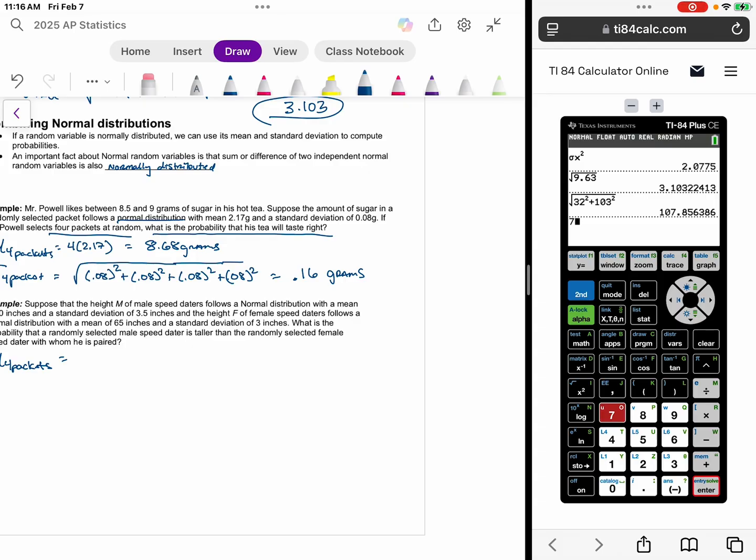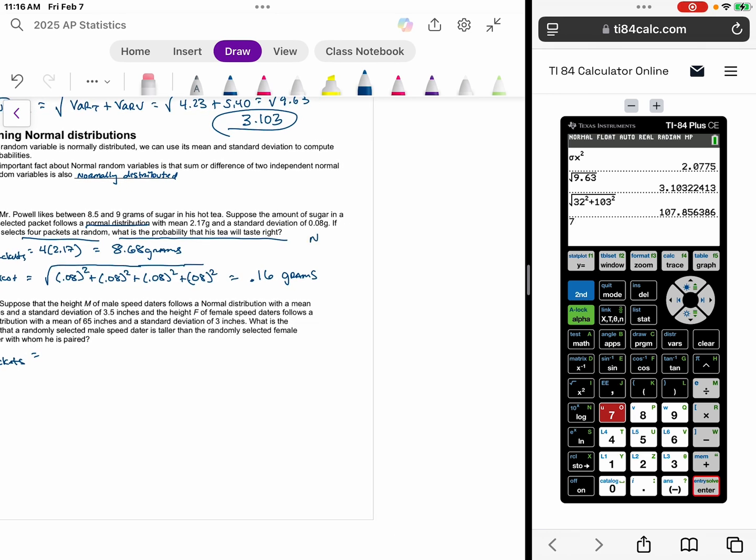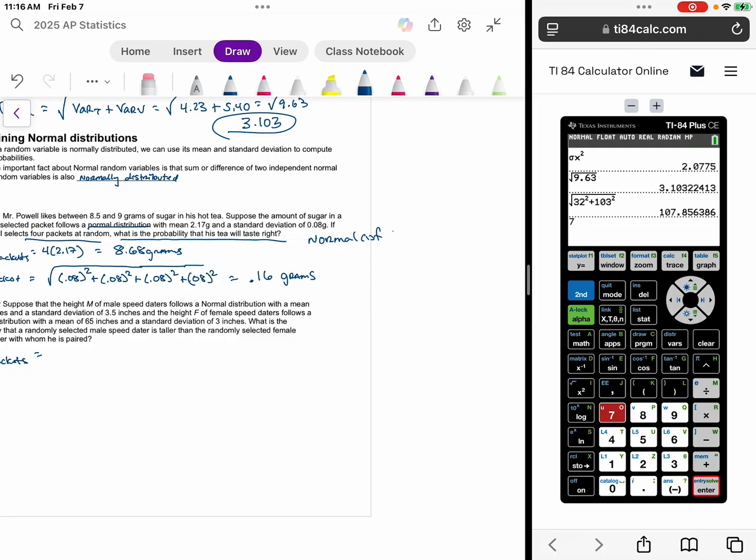Now, what is the probability? So now we finally get to our normal CDF. Lower bound, they said between 8.5, so the lower bound is 8.5. Upper bound is 9. My mean was the 8.68 we just found. And the standard deviation was 0.16.